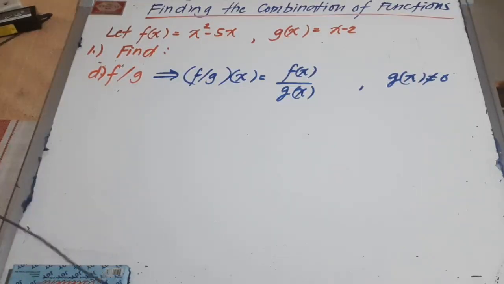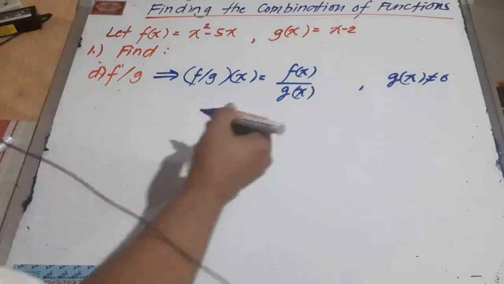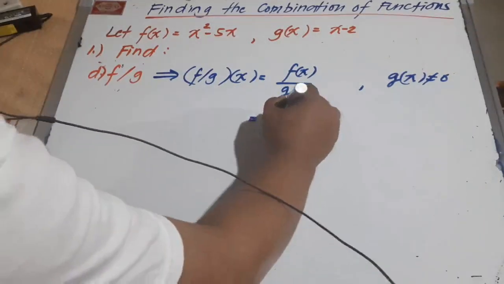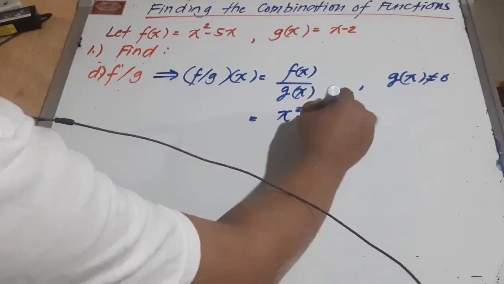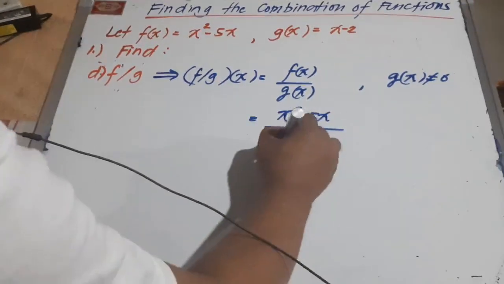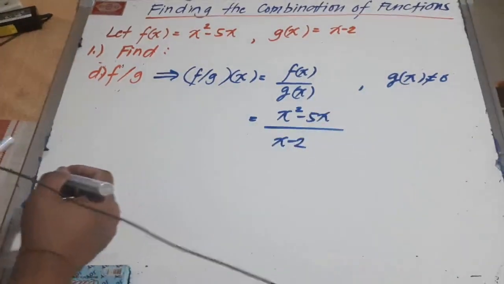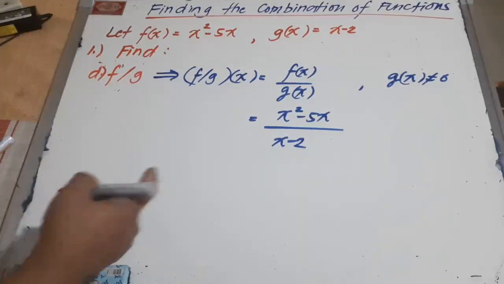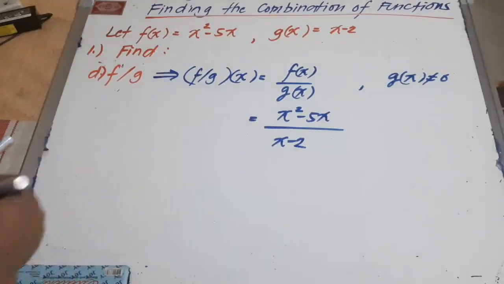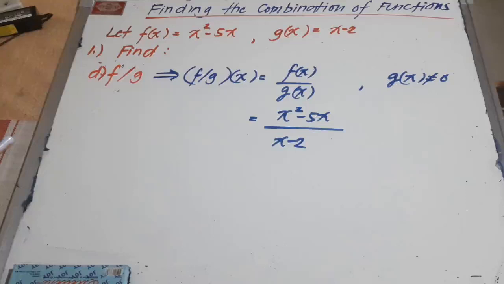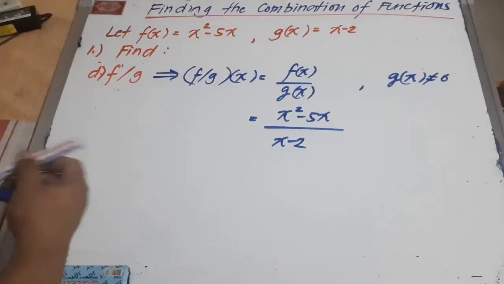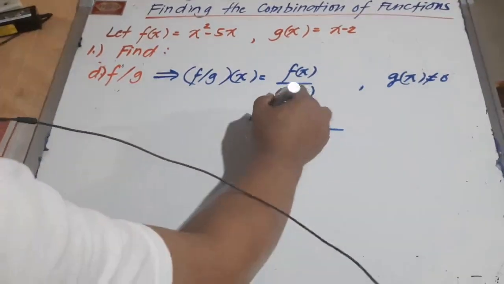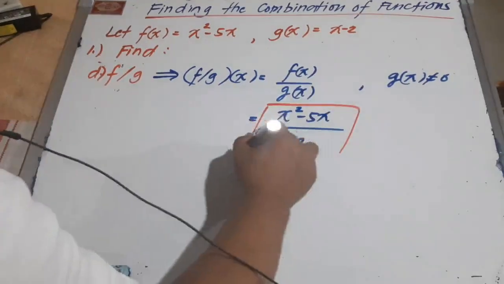Okay? So, we substitute. We have f of x is x squared minus 5x all over g of x is x minus 2. Okay? So, that is already our answer. Because if you're going to factor out x on top, wala namang makakancel sa baba. So, that is now our final answer for example 1D.